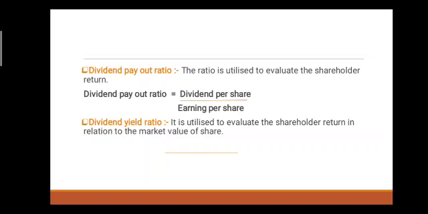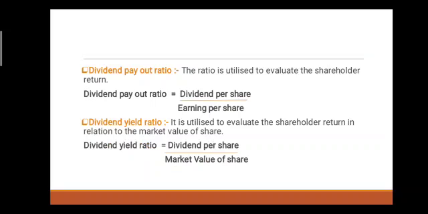Fourth one, dividend yield ratio. It is utilized to evaluate the shareholders' return in relation to the market value of share. Formula: dividend yield ratio is equal to dividend per share divided by market value of share.